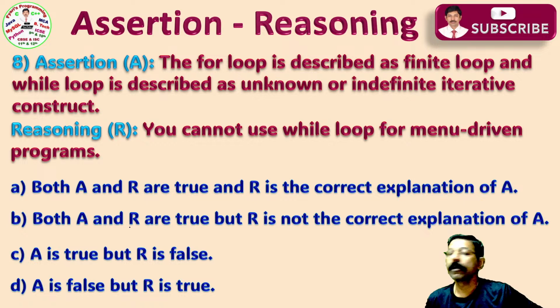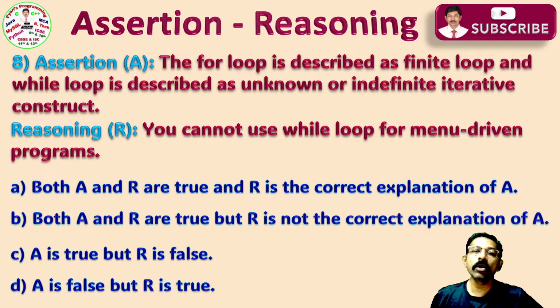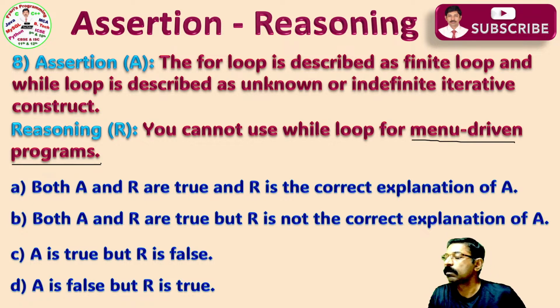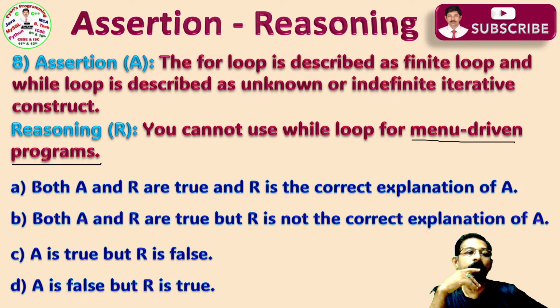Reason: you cannot use while loop for menu driven program. True or false? Reason is false. Okay. Option A. Both A and R are true, and R is the correct explanation of A.